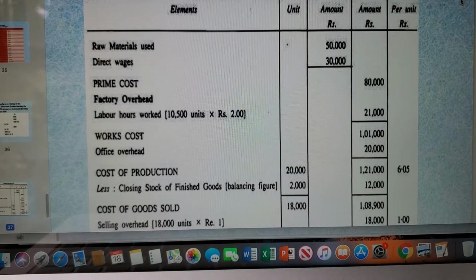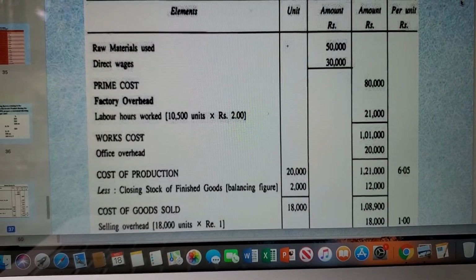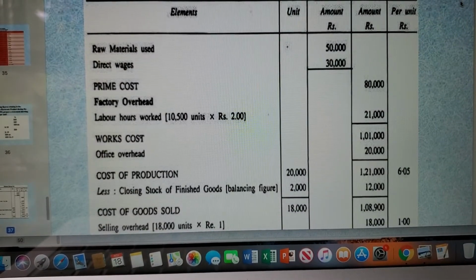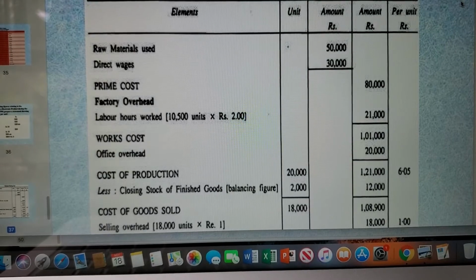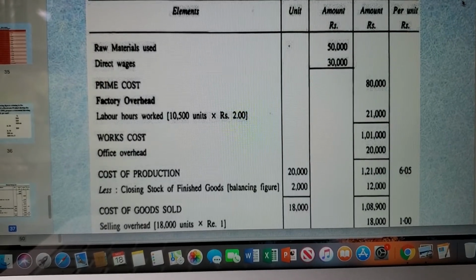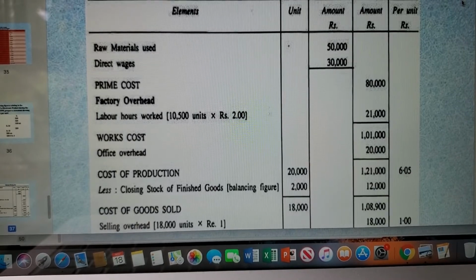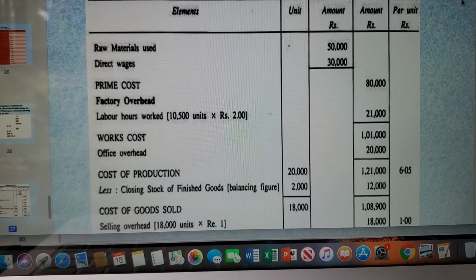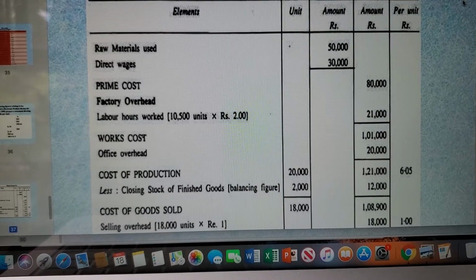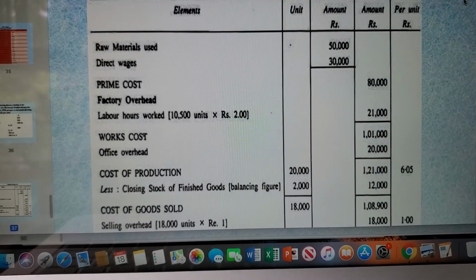Next, direct wages. In the third column you put 30,000. Prime cost, which is adding the above two, comes to 80,000, and you write it in the fourth column.